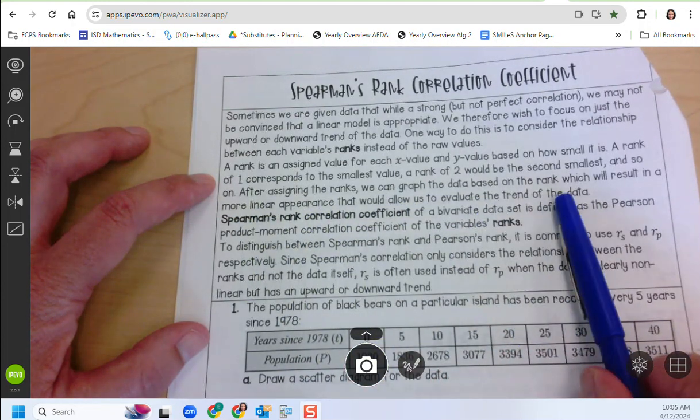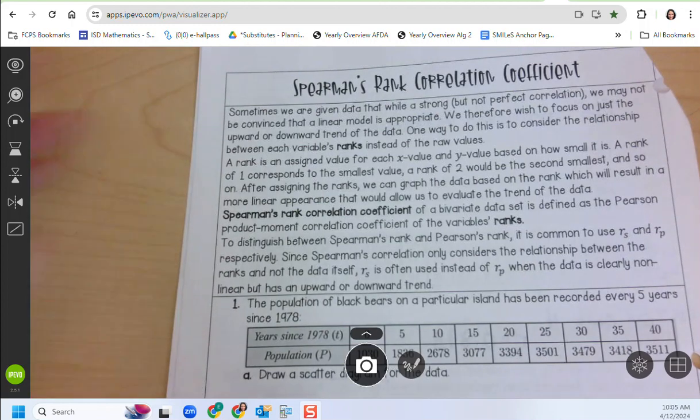So you can imagine if you're just ranking the data in order and the data are consistently increasing, then your points would now look linear if you're using 1, 2, 3, 4 instead of using 1, 2, 4, 8, 16, 32. Okay?